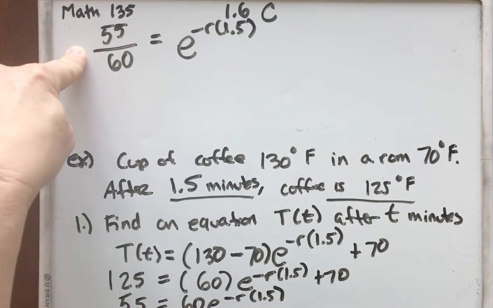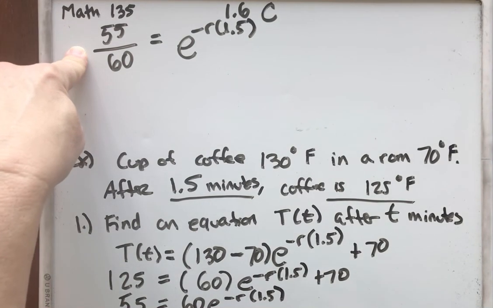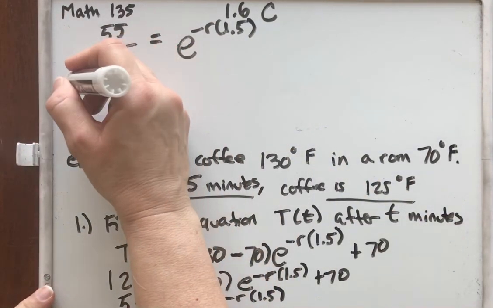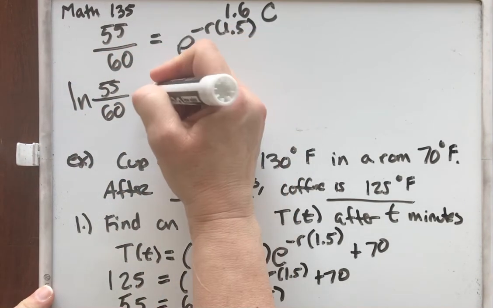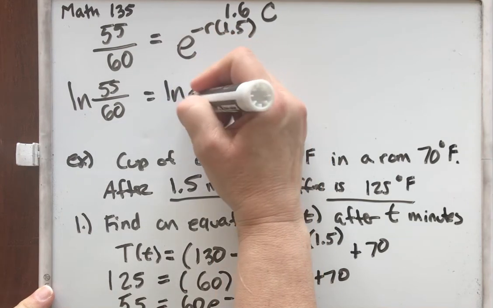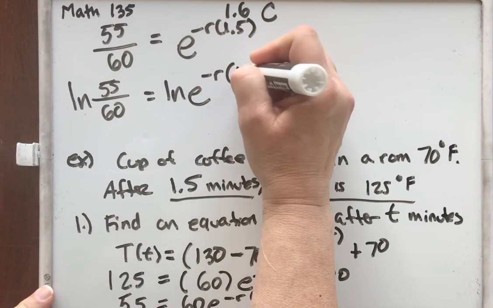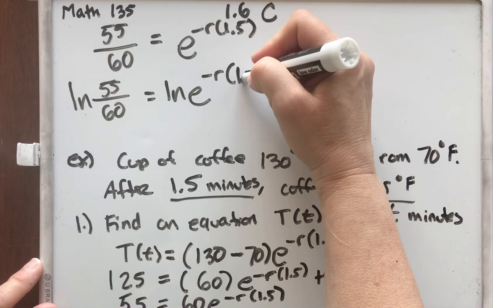And what do we do from here? You are absolutely right. We're going to take ln of both sides. ln of 55 over 60. We could have reduced that, but we don't need to since we have calculators.